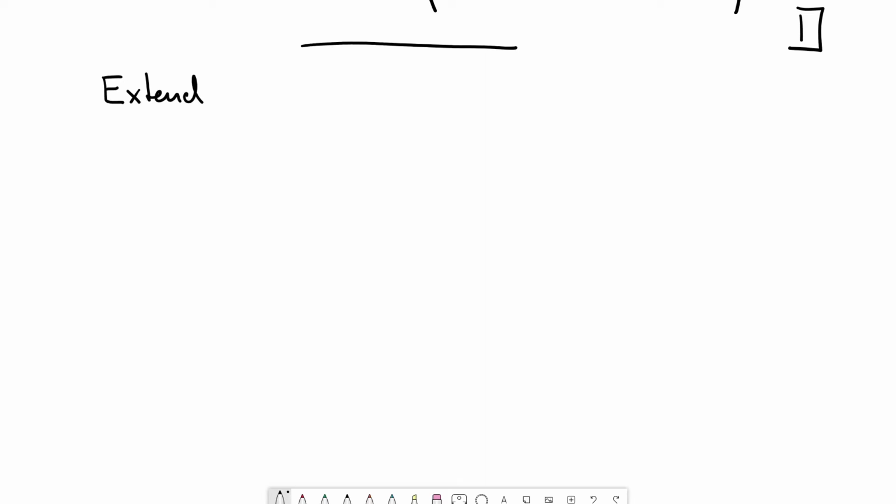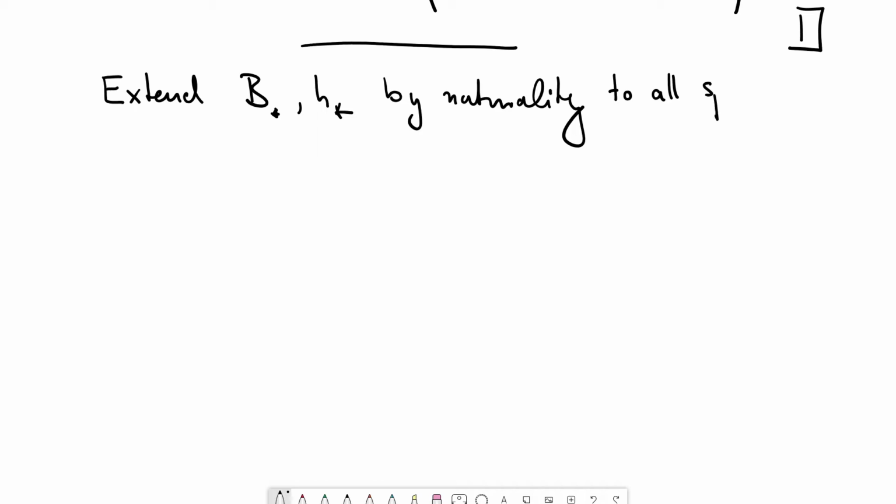As soon as we have these maps B star and H star on delta Q, we can extend them by naturality to all spaces. So there's not really additional work needed here. It's really a formal trick, but a formal trick that still might be surprising if you see it for the first time.